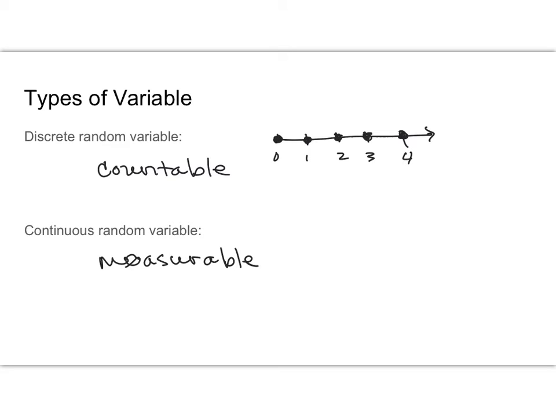If I were to draw what a continuous random variable, or the possible outcomes, would look like, then I would need to draw in a line. So something that's countable is only going to contain the whole numbers here, and something that's measurable contains all of the points in between 0 and 1, all of the points between 1 and 2, between 2 and 3, and so on. These can take on an infinite number of values.